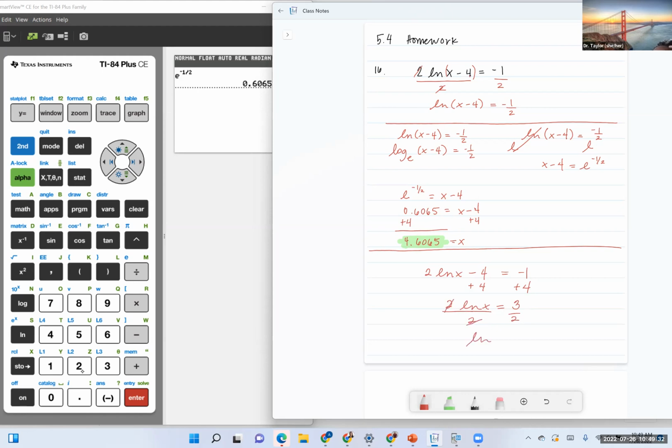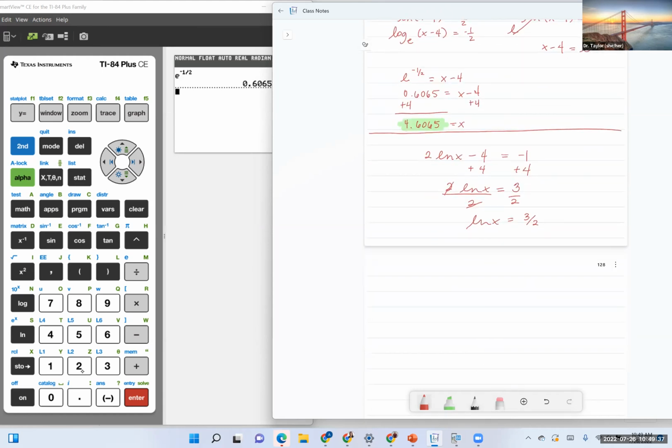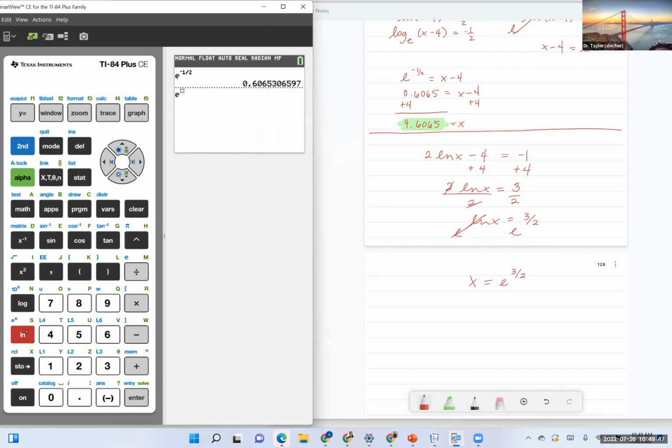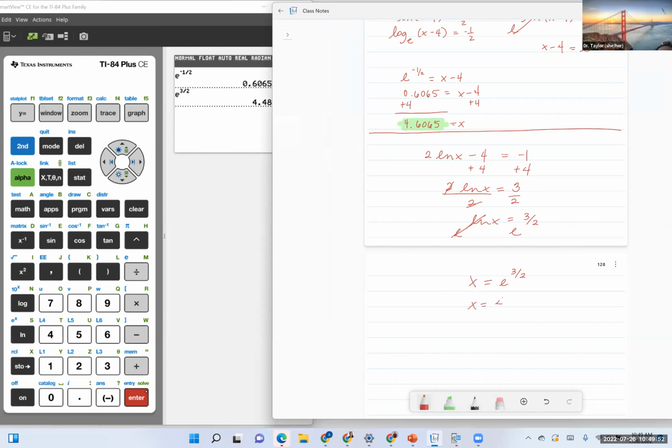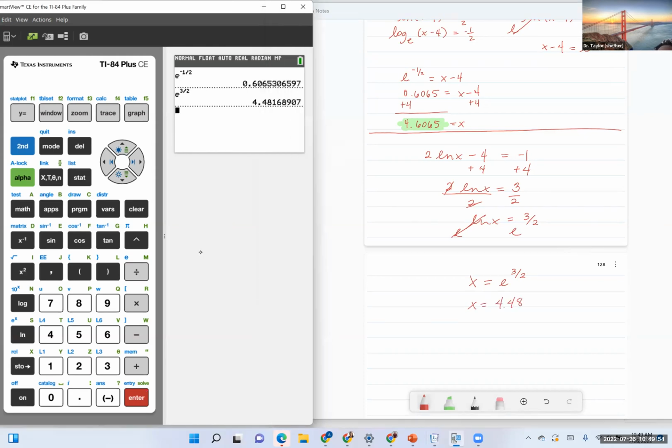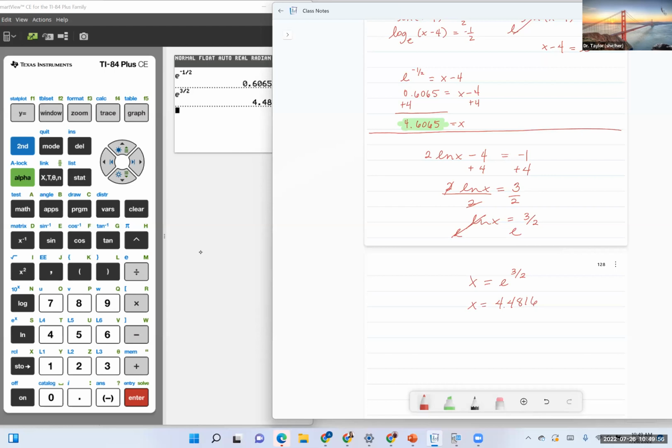And then I get ln of x equals 3/2. And the way I would solve that is to exponentiate both sides. And that means that x equals e to the 3/2. And e to the 3/2, we just put that in the calculator. So, yeah, that is one option.